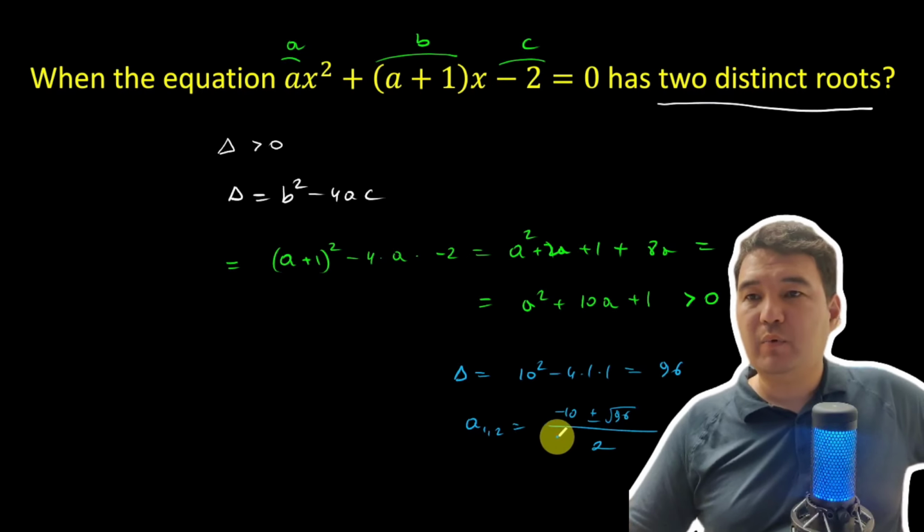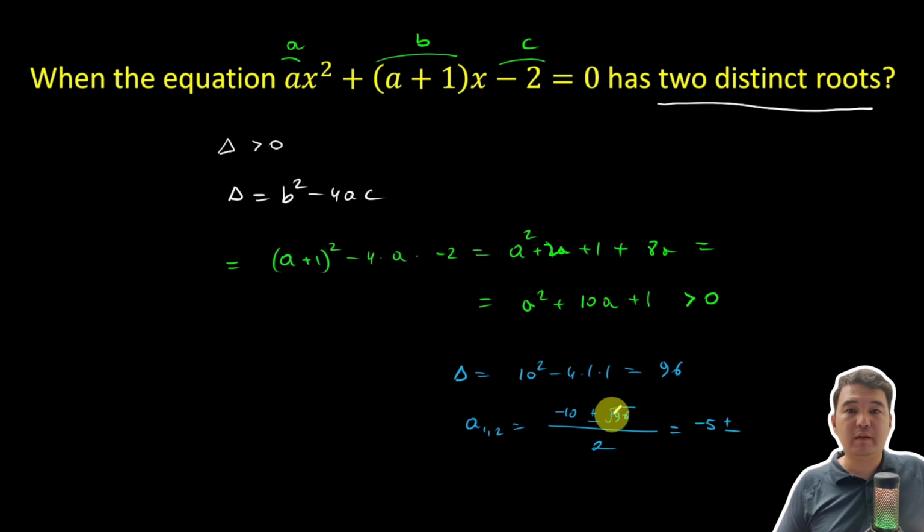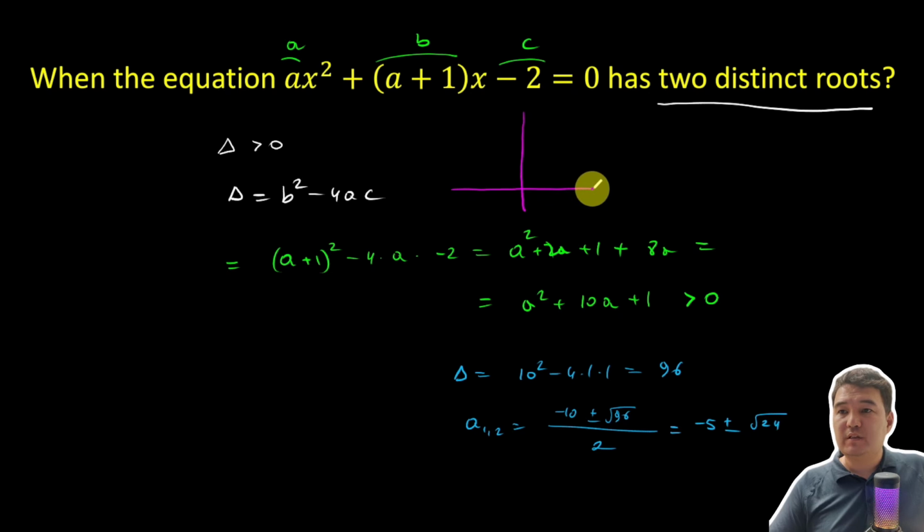Or you can simplify it: negative 5 plus or minus root of 24, since 96 divided by 4 is 24. Now if you draw the parabola, the roots are negative 5 minus root of 24 and negative 5 plus root of 24.